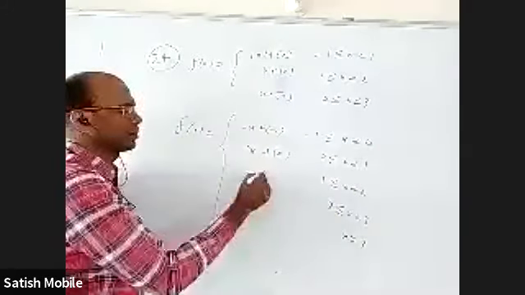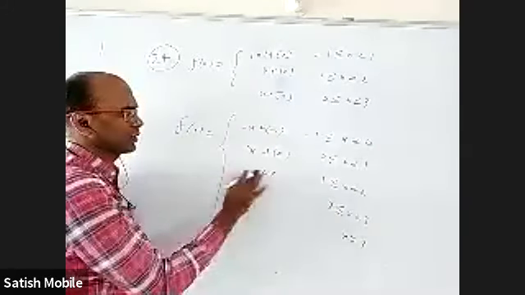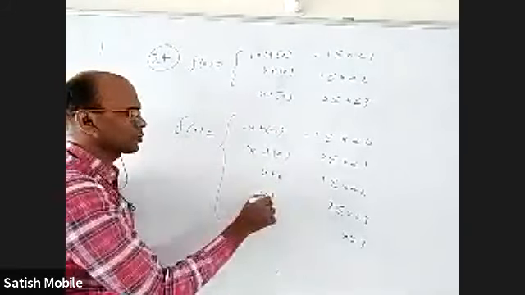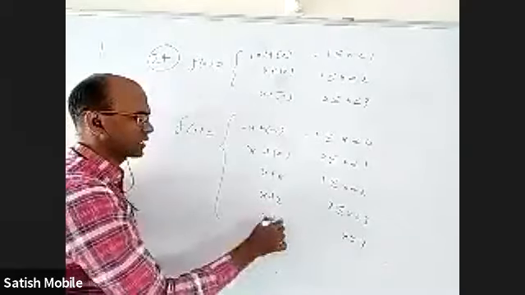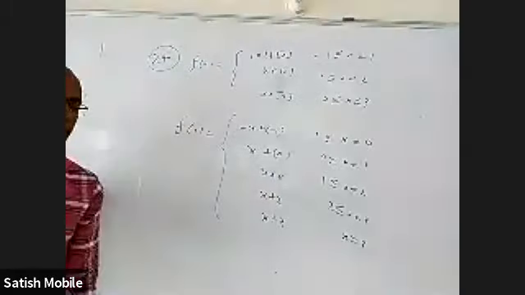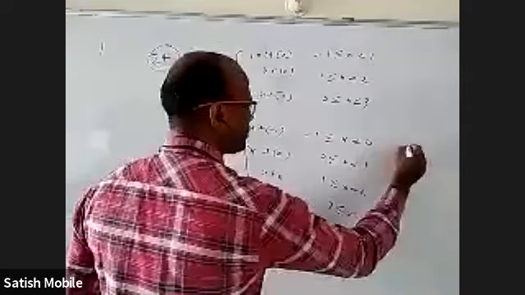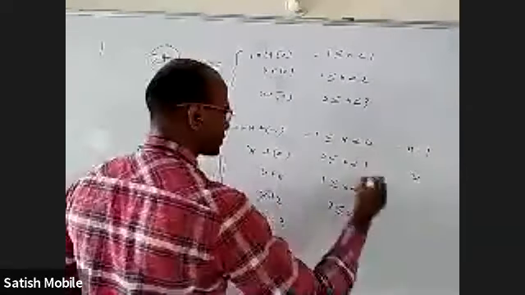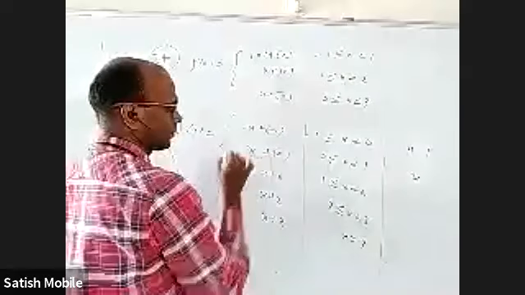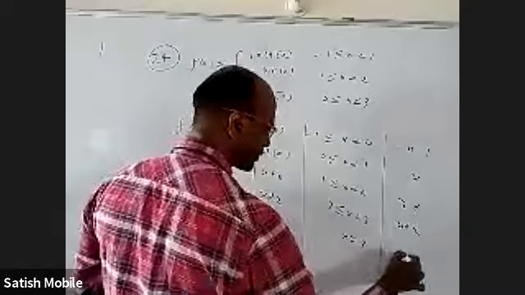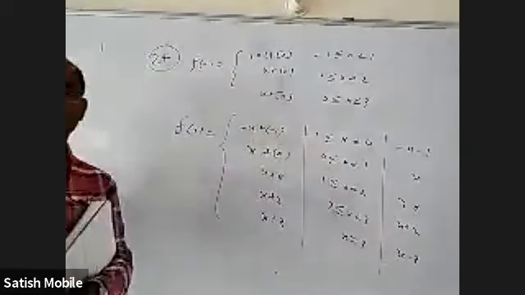Between 1 to 2, this is also x, this is also x, so it will be 2x. I can even write x plus x if you want. Between 2 to 3, this is x plus 2, and at 3 it is x plus 3, since integer part of x is 3. So this is basically minus x minus 1, this is x, this is 2x, this is x plus 2, and this is x plus 3.